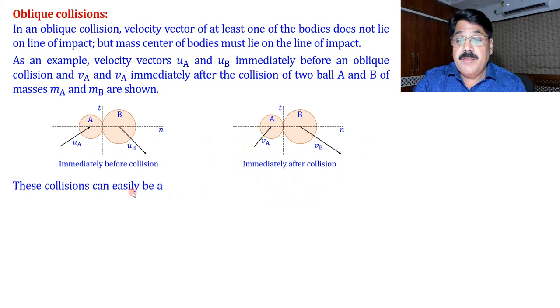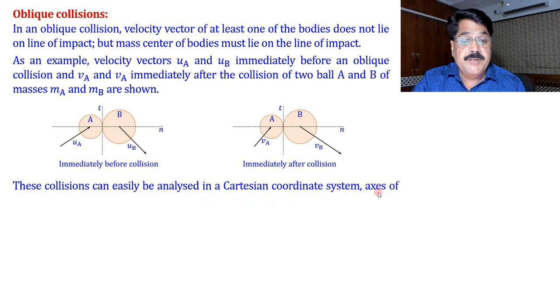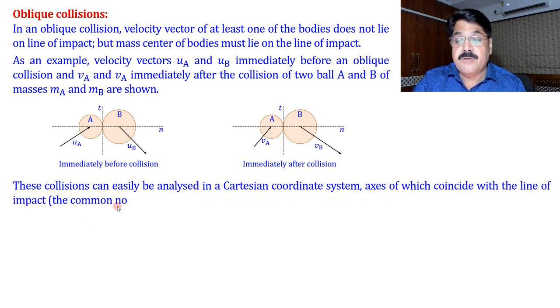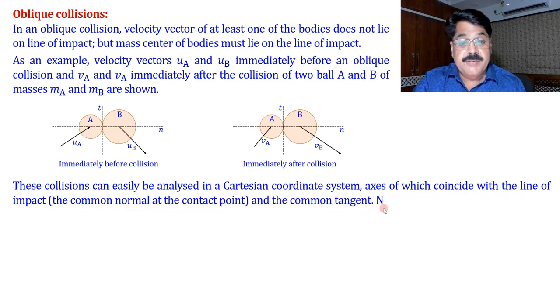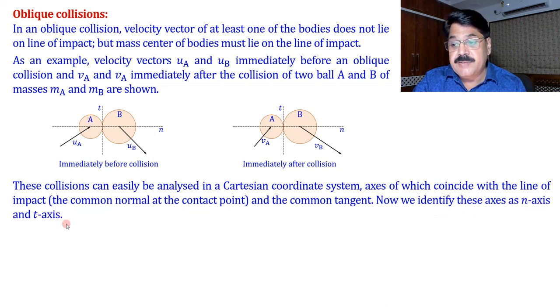These collisions can easily be analyzed in a Cartesian coordinate system, the axes of which coincide with the line of impact, the common normal at the contact point, and the common tangent. Now we identify these axes as n-axis and t-axis. You can see here the angle between t and n-axis is 90 degrees, so they can be used as coordinate axes.